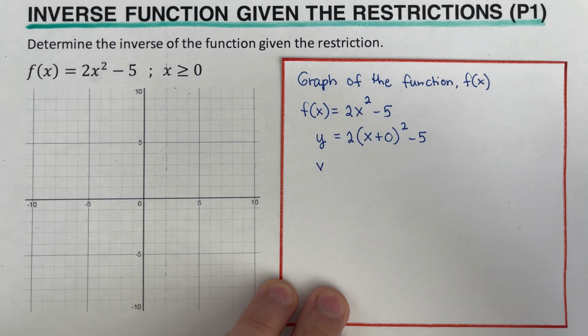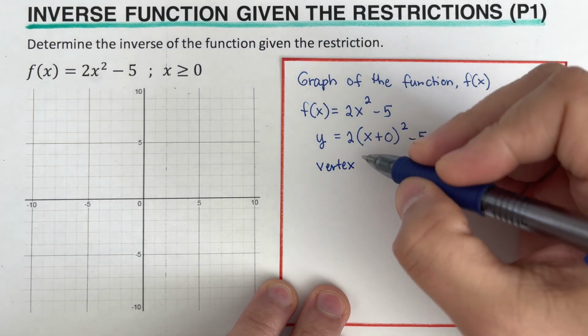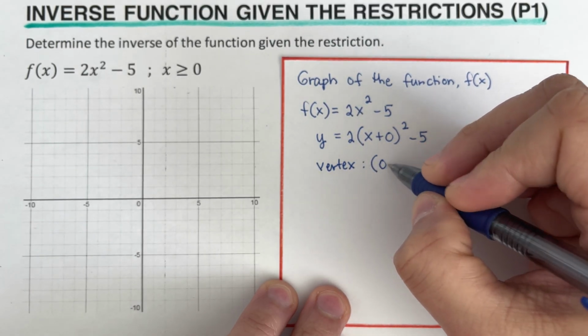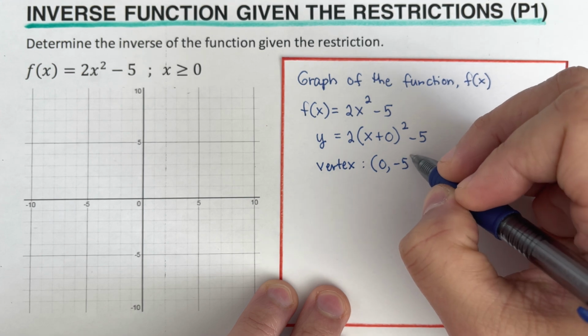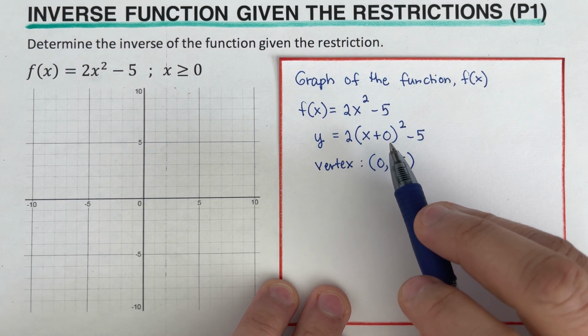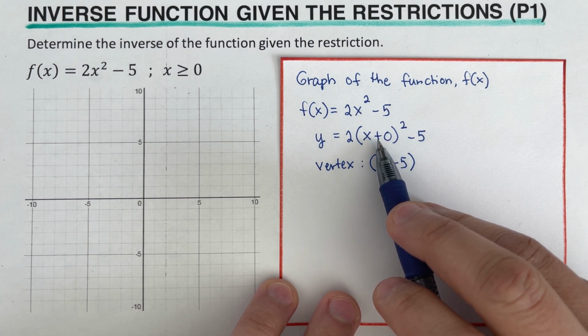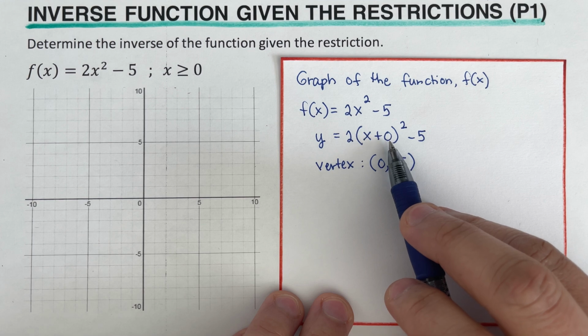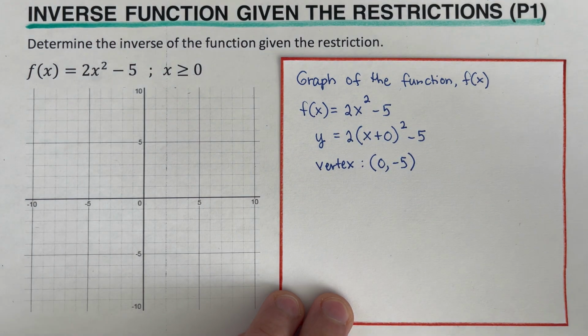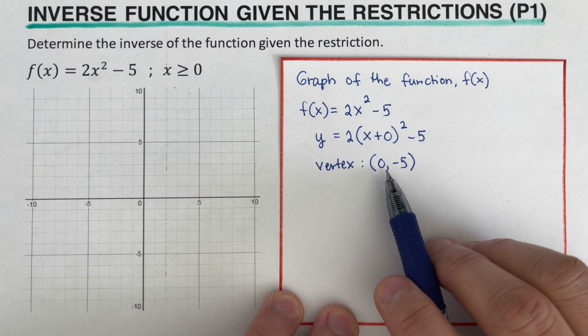So the vertex of this graph would be 0 and negative 5. Again, the 0 doesn't have to be negative or positive, and it doesn't matter if you subtract or add the 0, because adding or subtracting 0 doesn't change the value of x. So our vertex is at 0, negative 5.